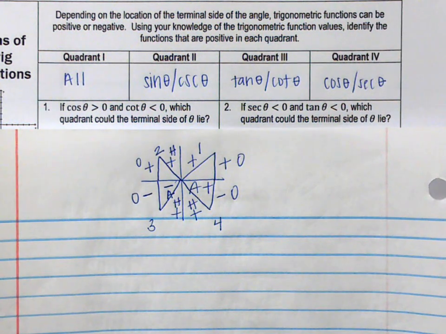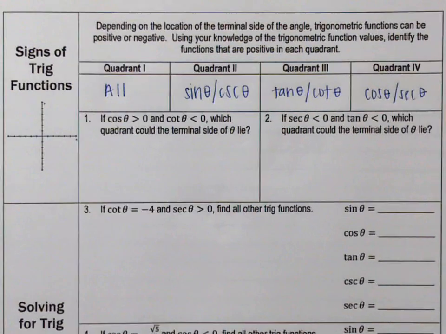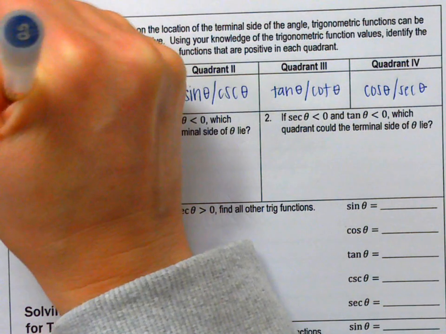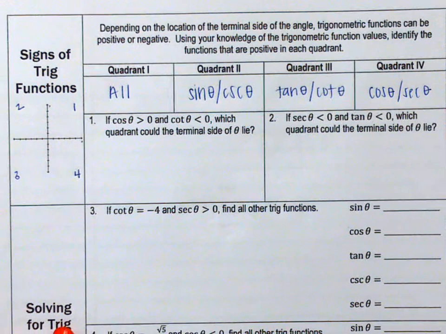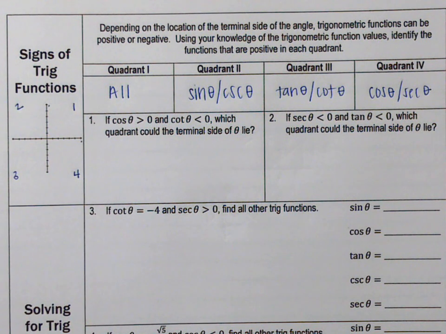Now we have an acronym to help us remember which are positive. Again, looking over here, this is quadrant 1, quadrant 2, quadrant 3, quadrant 4. And what helps us, let me get a pen. Okay, the struggle.